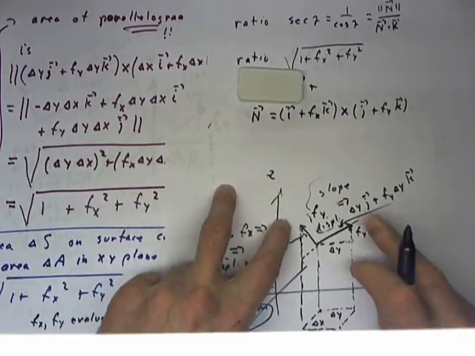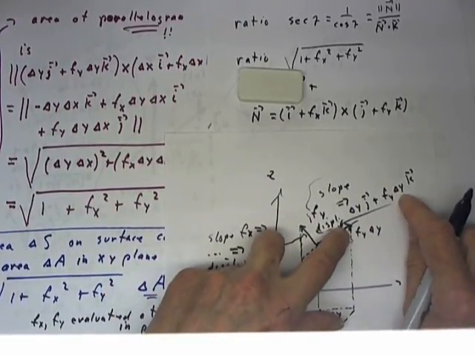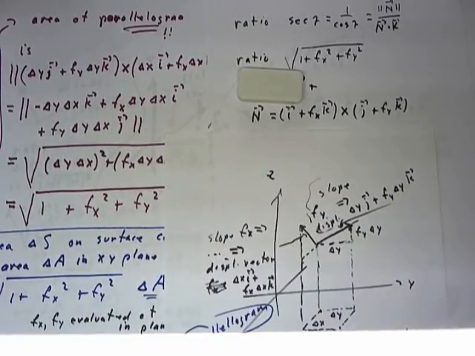Now those are just the vectors that we've used down here, except that I've factored out a delta y and discarded it, and out of this vector I factored out a delta x and discarded it.